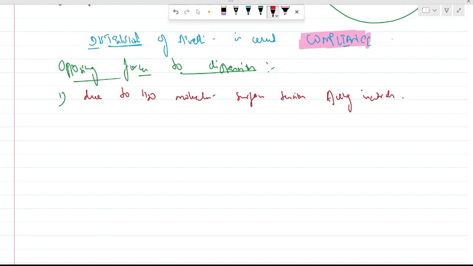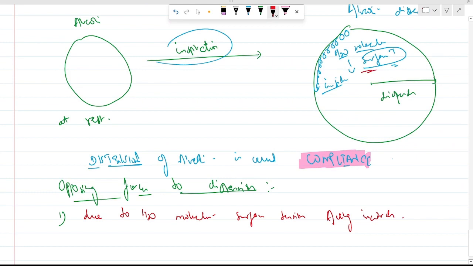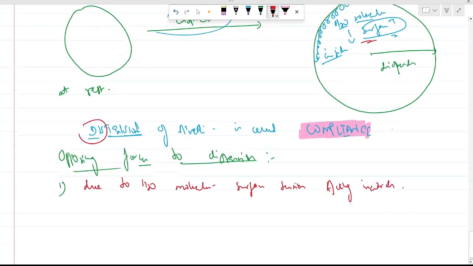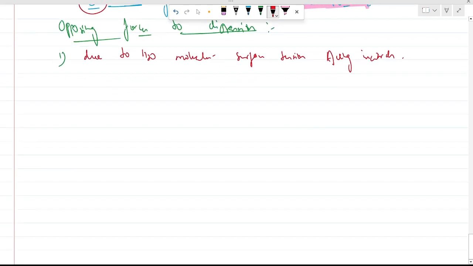Okay, surface tension we have seen here acting inwards. This is distension against the surface tension. These are compliance. The second one here is the second opposing force. What is the second opposing force? The lung's spring-like nature.